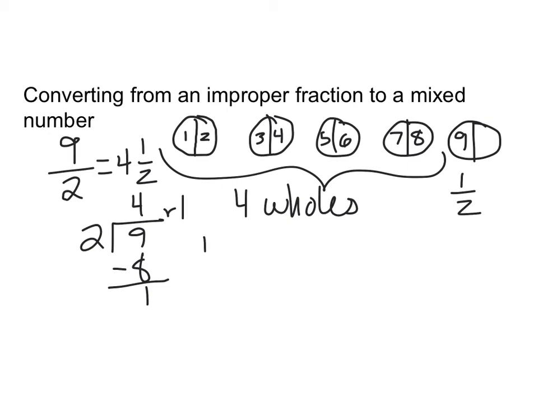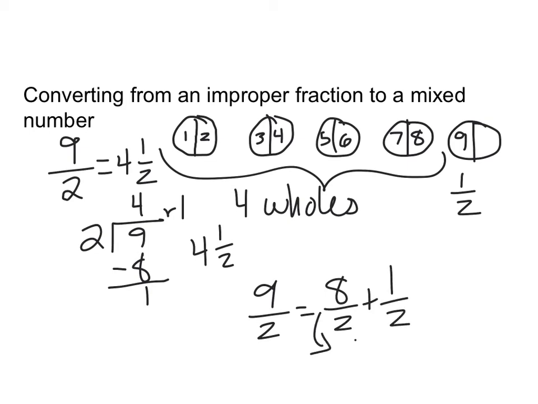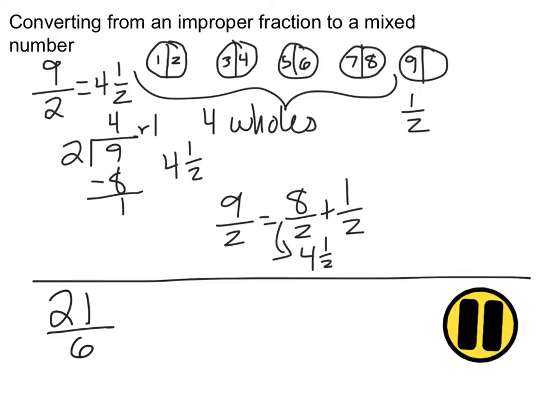That's where we get our 4 and then 1 half left over. You can also think of this as how 9 halves is equivalent to 8 halves plus 1 half. And then the 8 halves is equivalent to 4. So it becomes 4 and a half.